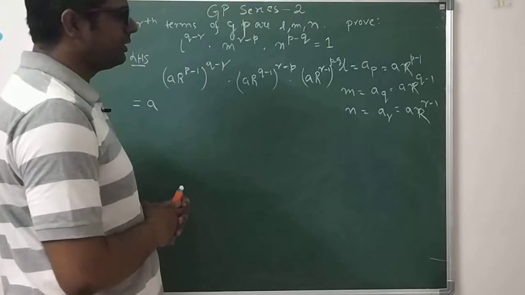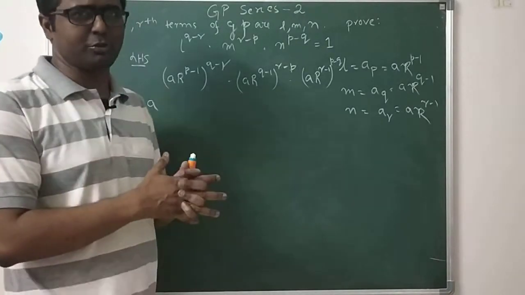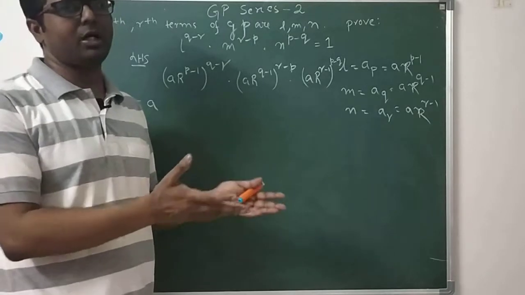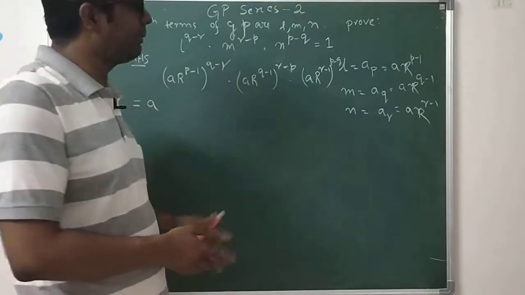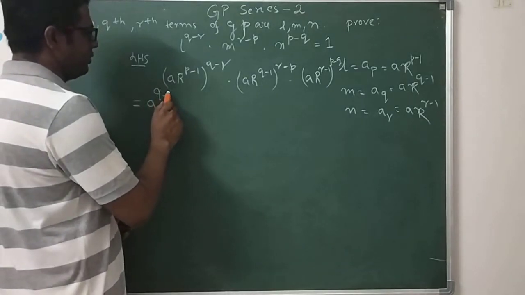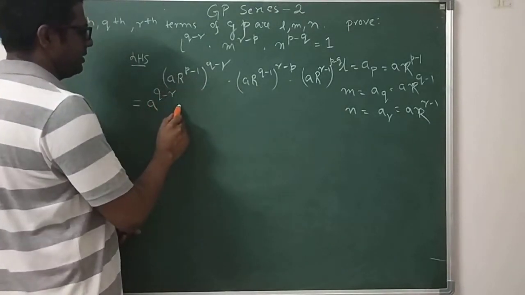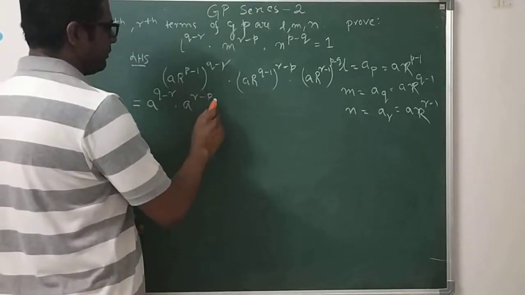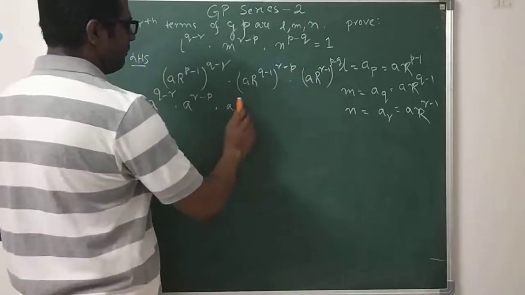If you want, you can go through the indices part also, 2 hours maximum, and then come back to it. Here the A power will be Q minus R, and here the A power will be R minus P. Here the A power will be P minus Q.